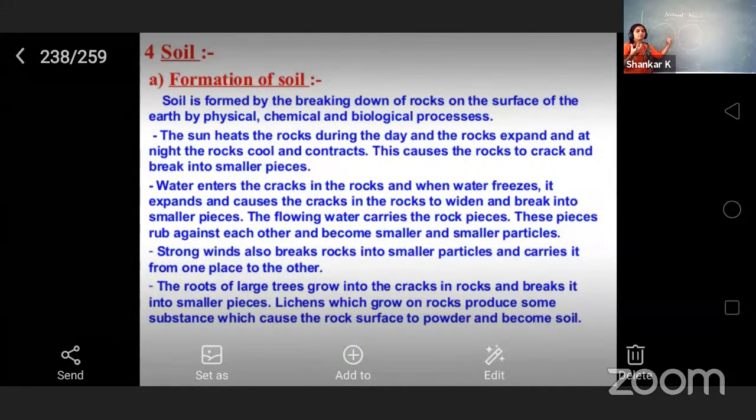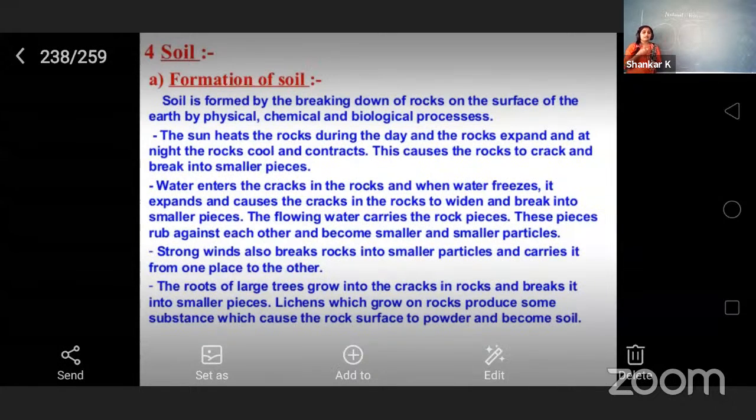People use atom bombs and all to break these rocks. Have you heard this?